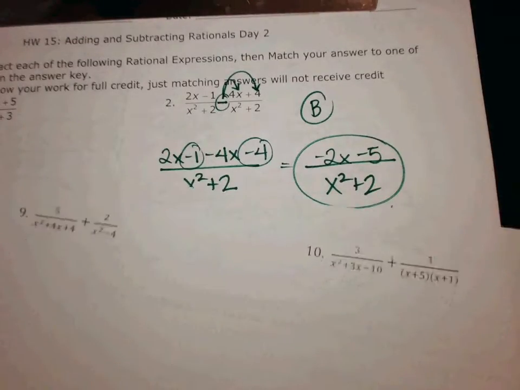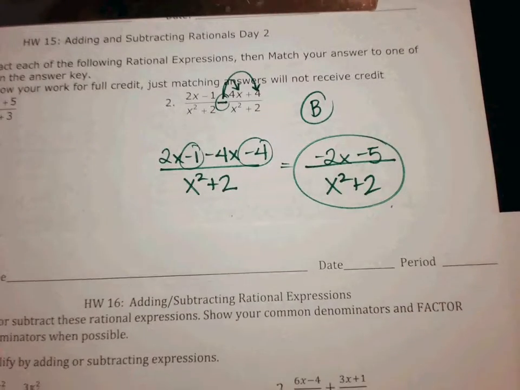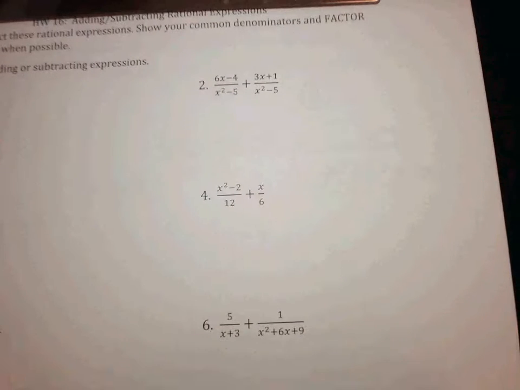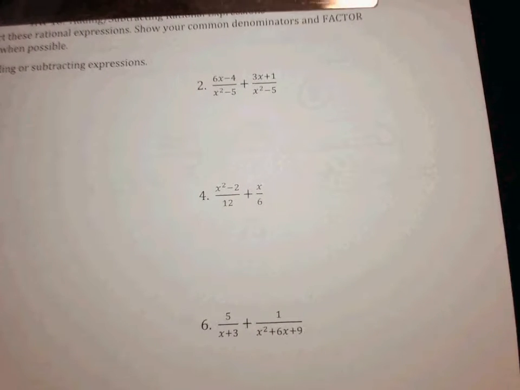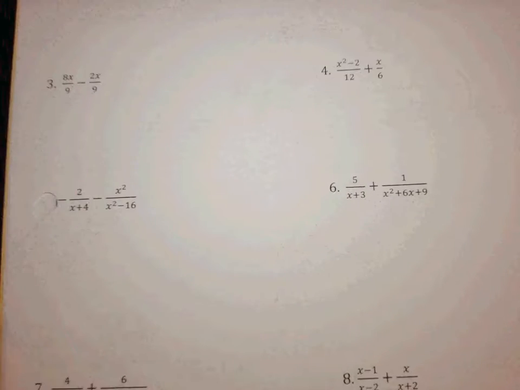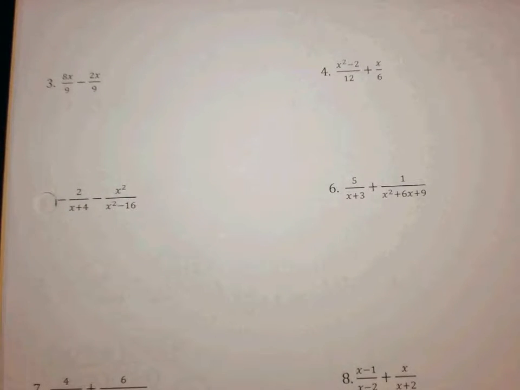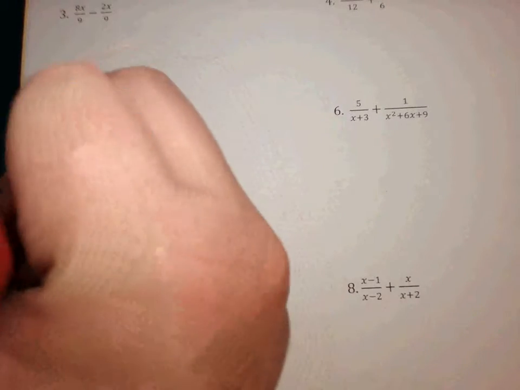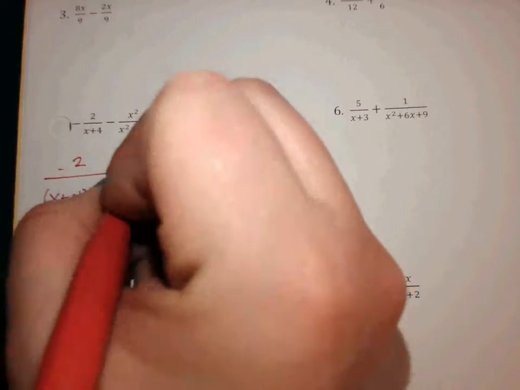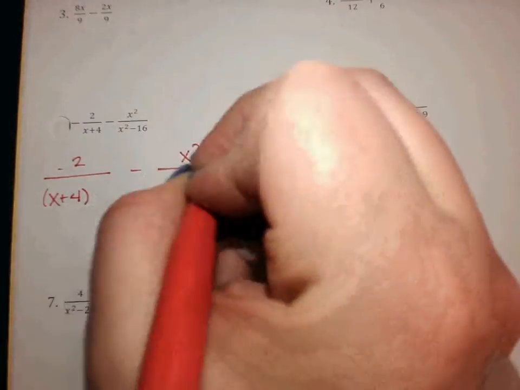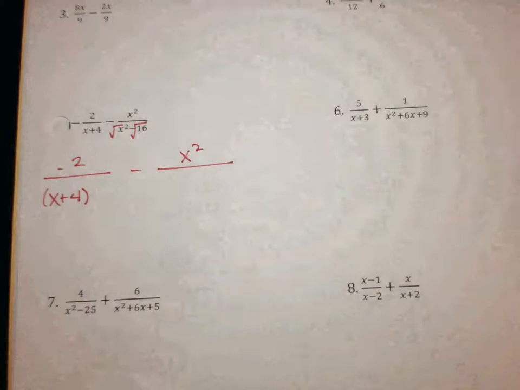Let's see. Why don't we do number 5 together? And then maybe we'll do one off the back too. Okay, number 5. You have negative 2 on top over x plus 4, minus x squared over, and then we're going to square root that guy.